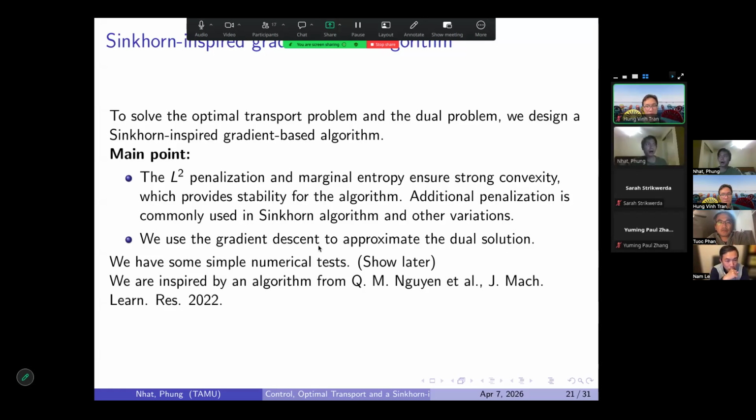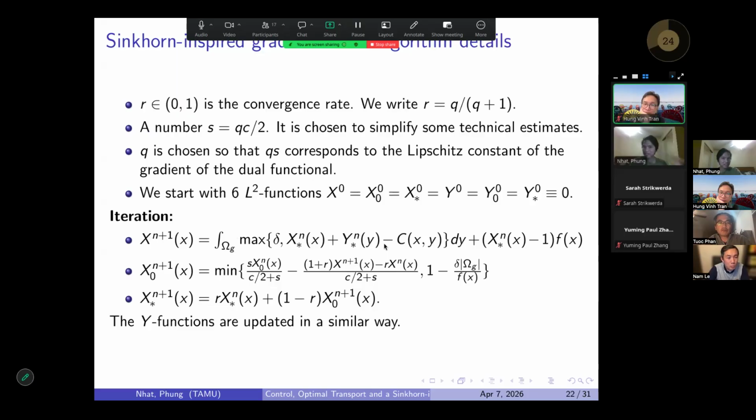So we know it is strongly convex, so gradient descent is quite a popular choice and quite easy to do. We did try some simple numerical tests, and I will try to show them later after we finish all of this. And so, how does this algorithm look like?